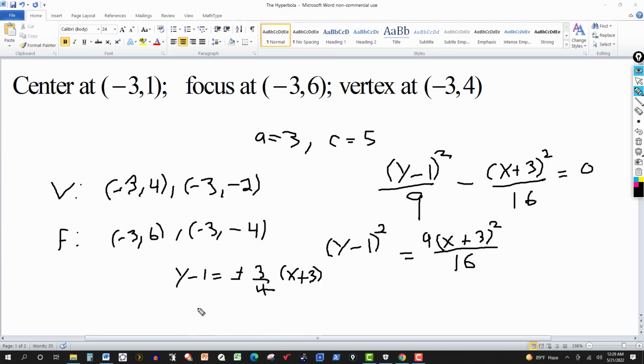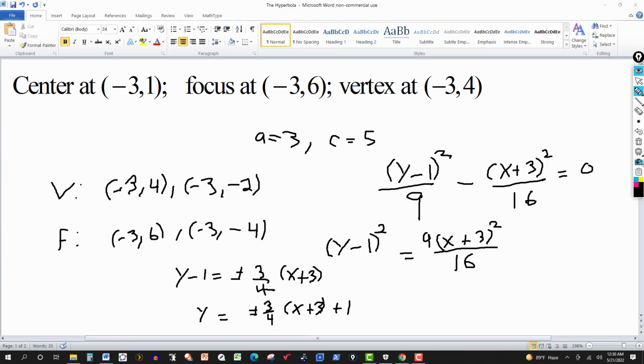Then solve for y, so we get y is equal to plus or minus 3/4 times (x plus 3), and then I add the 1 to both sides, so this gives me a plus 1. These are your asymptotes. One asymptote would be y equal to 3/4 (x plus 3) plus 1. And the other one would be y equal to minus 3/4 (x plus 3) plus 1. And that's basically the pertinent information.